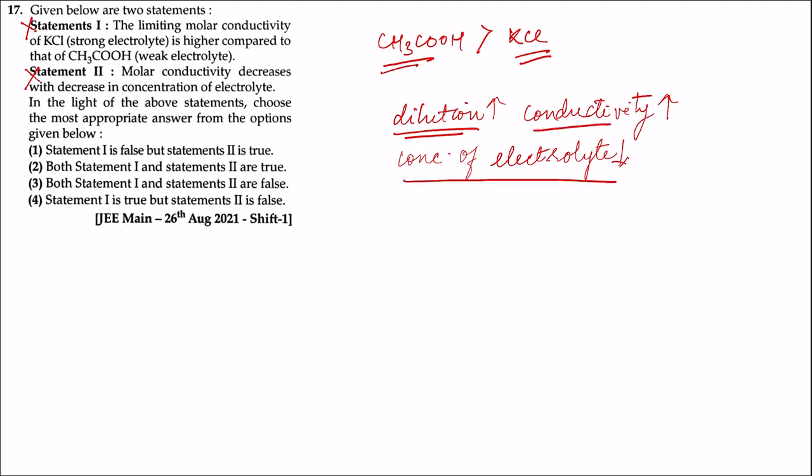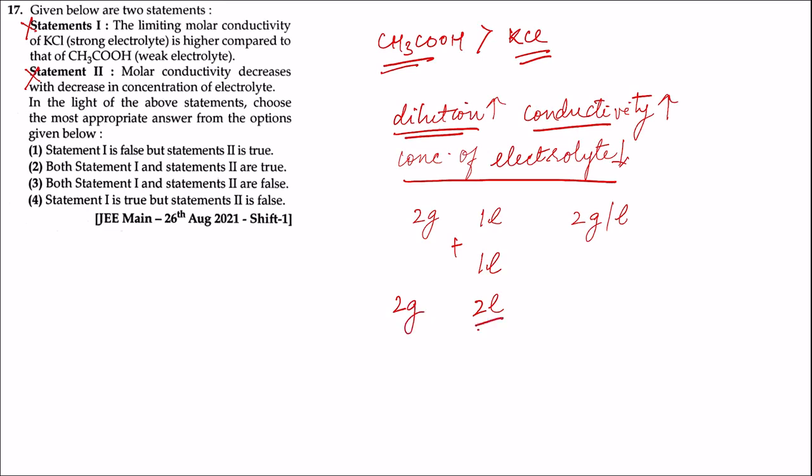For example, if 2 gram of any weak electrolyte is dissolved in 1 liter of solvent, the concentration of the solution is 2 gram per liter. Now, if some more solvent is added to the solution, for example, again 1 liter of the solvent is added, then the total volume of the solution becomes 1 plus 1, 2 liter, but the amount of the electrolyte present in this 2 liter of solution is 2 gram.